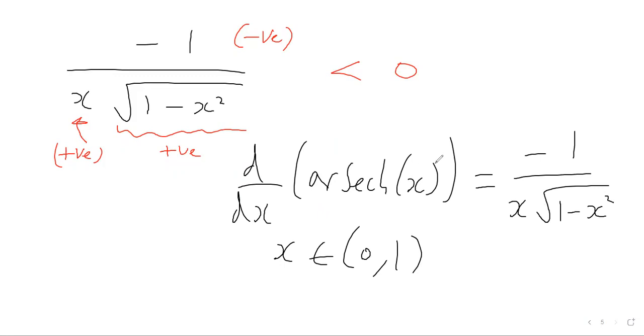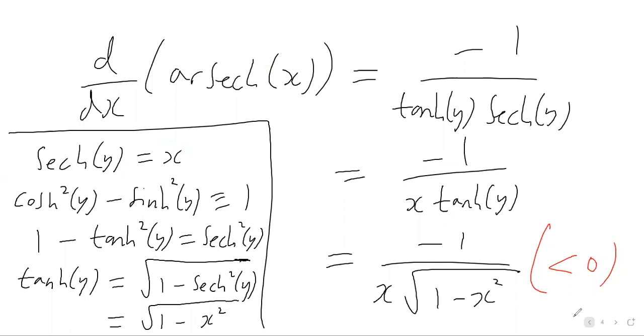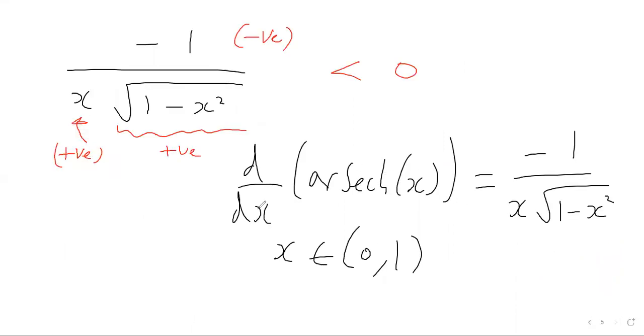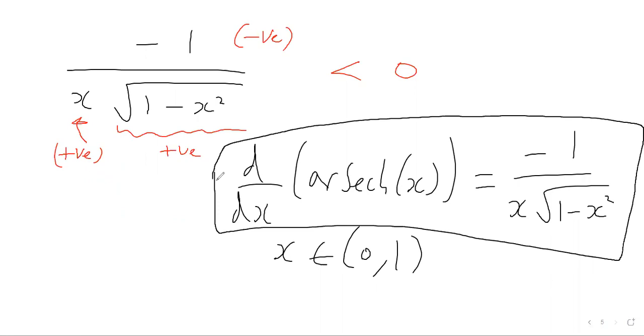And this does work. So therefore, what we can deduce is that this result is true: differentiating arsech gives us negative 1 over x times the square root of 1 minus x squared.